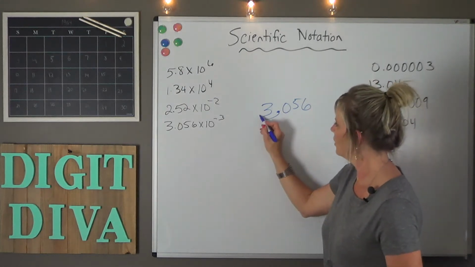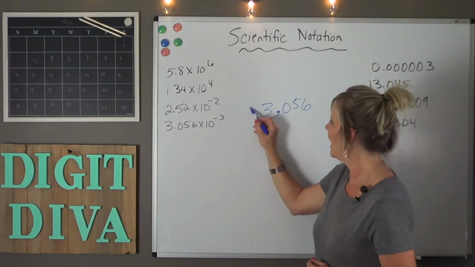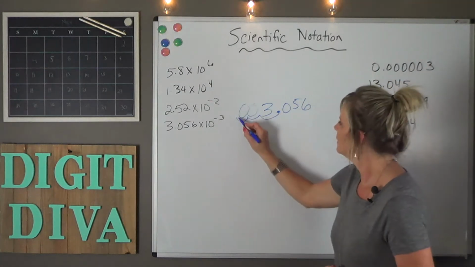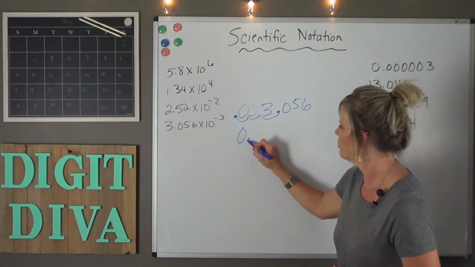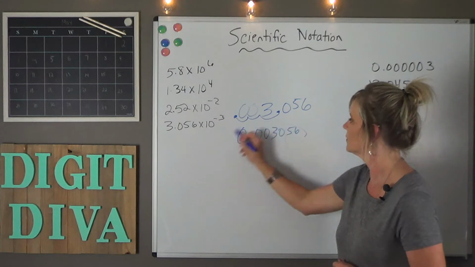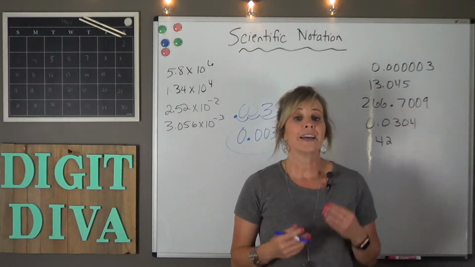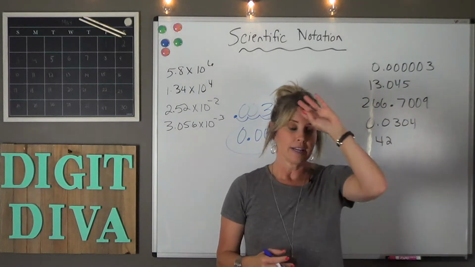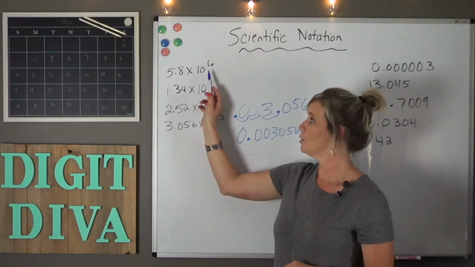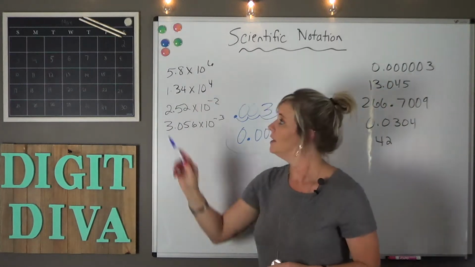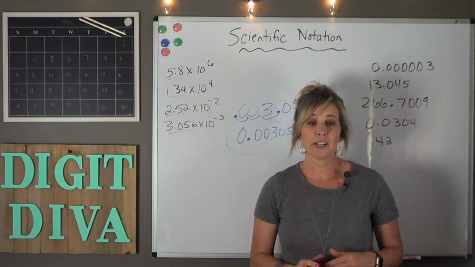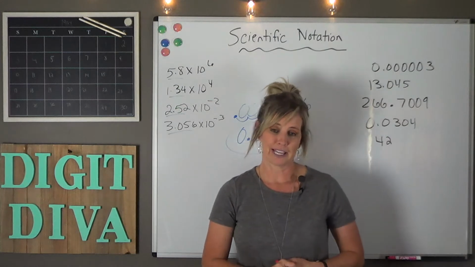I'm going to move once, I'm out of numbers, add 2 zeros, and that allows me to move 3 times, clean up my number, 0.003056. Again, this is going from scientific to standard. Scientific notation has a number between 1 and 10 being multiplied by a power of 10. If these numbers were not between 1 and 10, then they would really not be written in scientific notation.